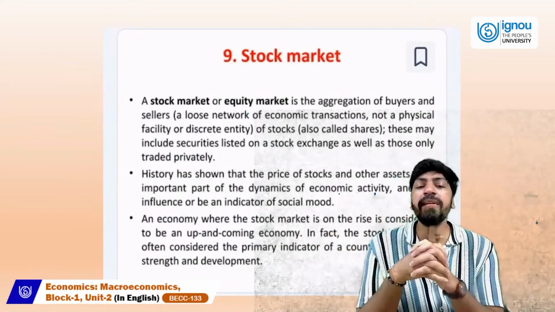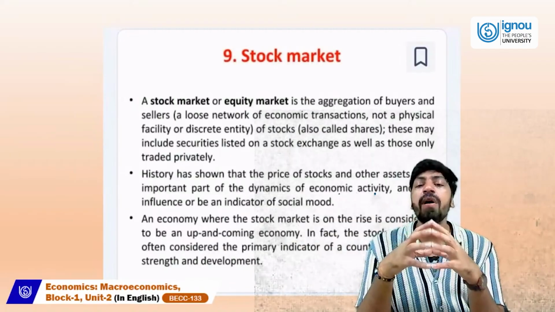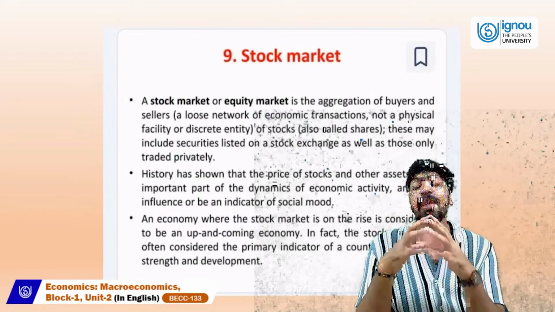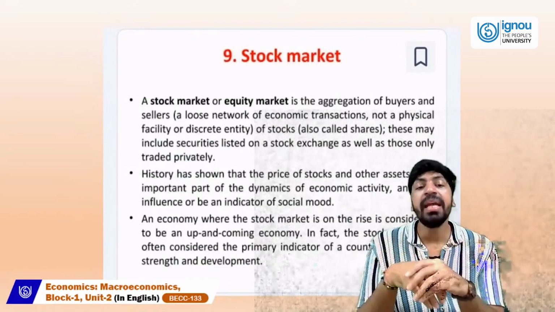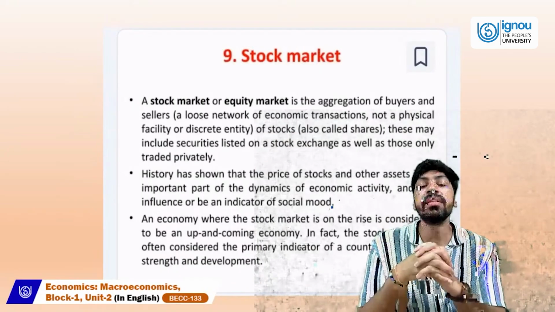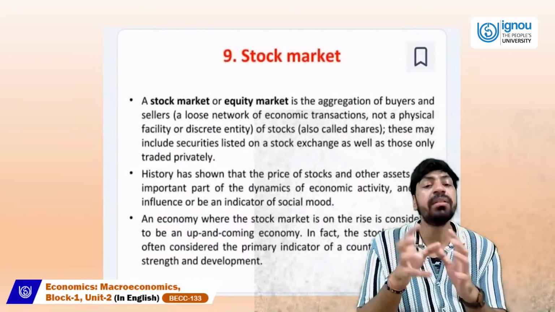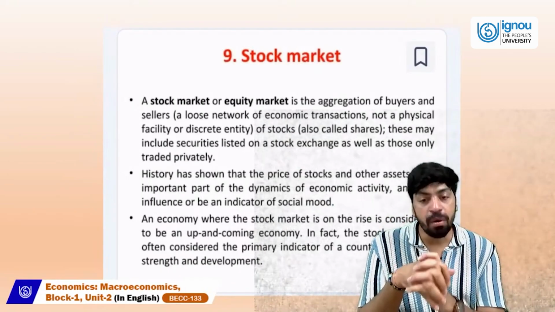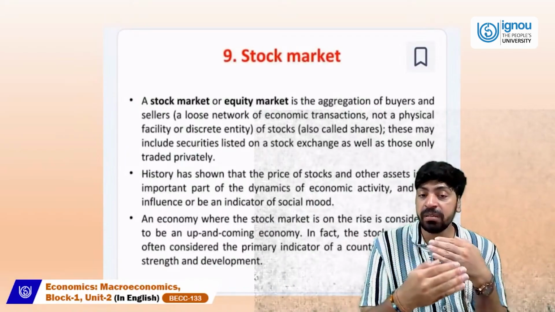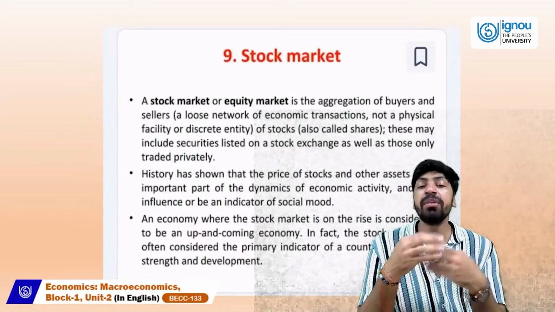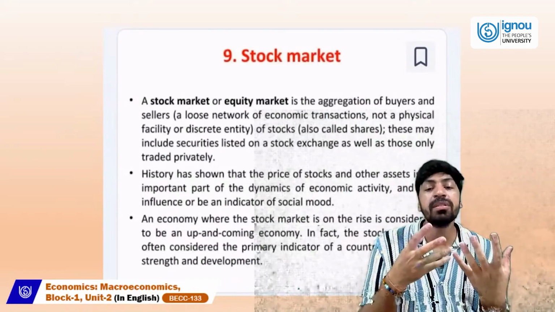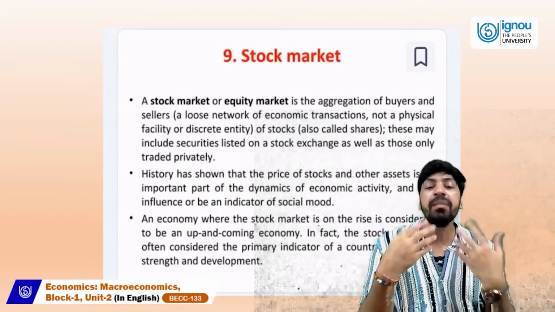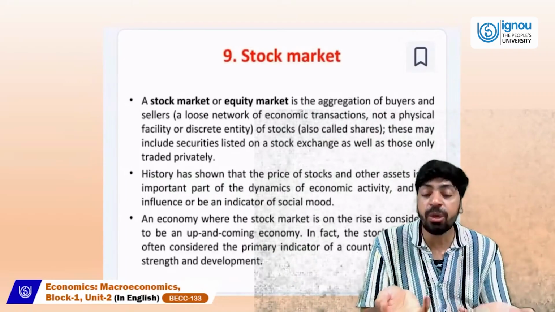So when we talk about an economy where the stock market keeps on rising, it is also considered an up and coming economy. That means, when we talk about the history and origin of the stock market, it also builds up our economy equally.